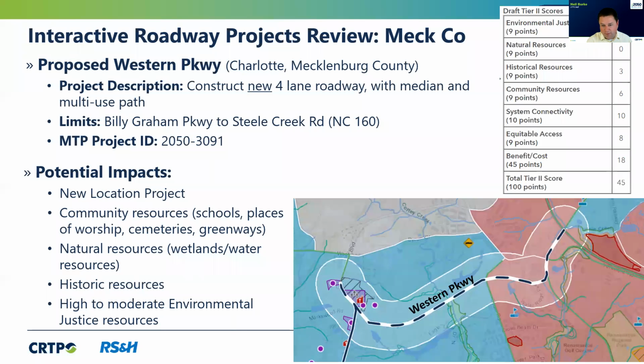But really, they're competing for the same pots of funding. And one area where an existing roadway project would probably score higher is in Tier 1, where we are measuring existing congestion in the network and the crash safety or the crash data. That's all measured in Tier 1. So Tier 1 really gives the leg up to those existing projects that need corridor widenings or other improvements to reduce congestion.